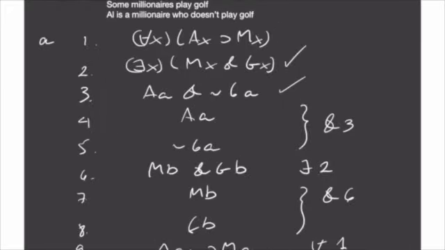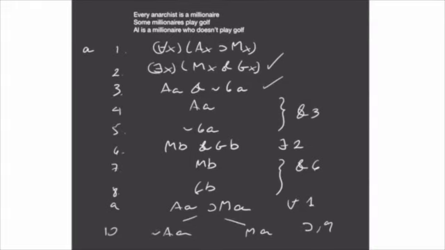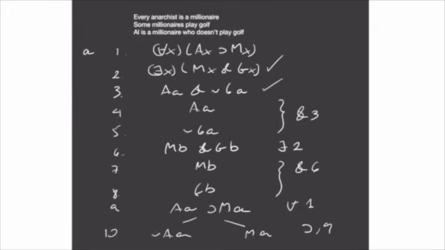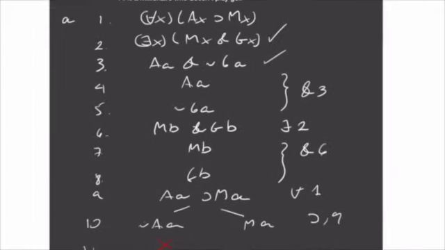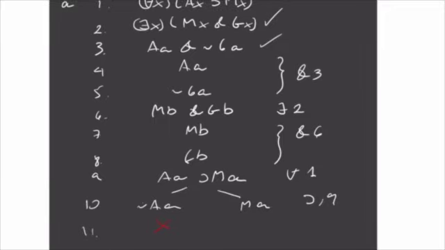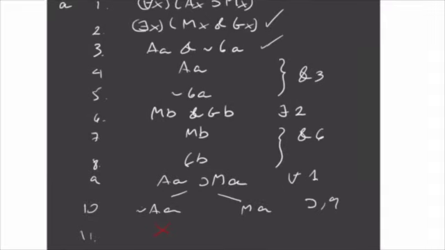And okay, now on line 11, well, what do I get? Notice that I have here on line 4, I have AA, and on line 10, I have not AA. So it looks like that branch is closed. So I still have to write the substitution instance of the universal with B, but I only have to do it on one branch because I have only one open branch.